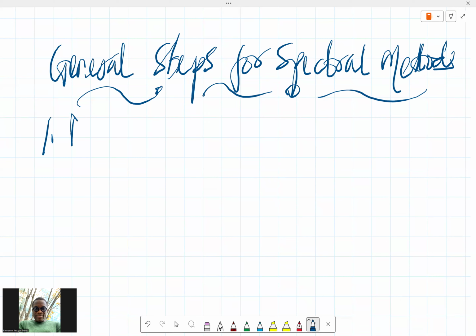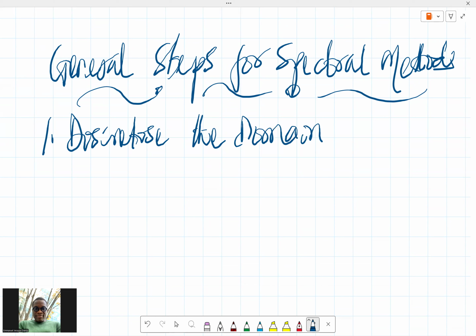The first thing we want to do is to discretize the domain. This has been a regular pattern across the methods. You define the computational domain and choose an appropriate set of basis functions. Common choices include Fourier basis for periodic problems. So maybe I can just itemize.